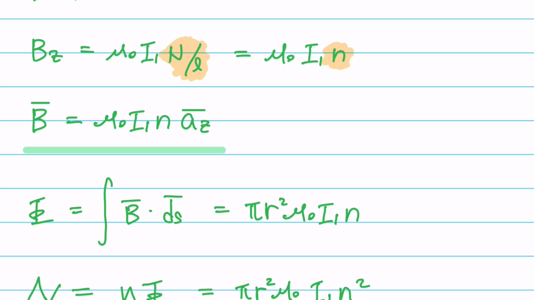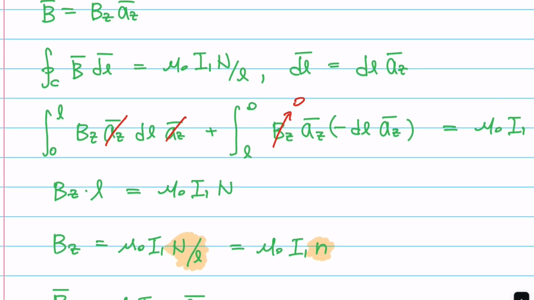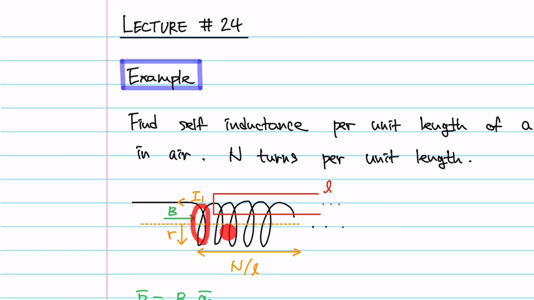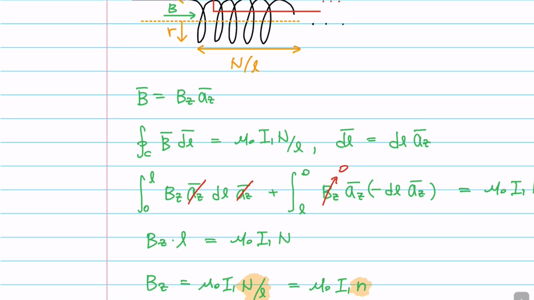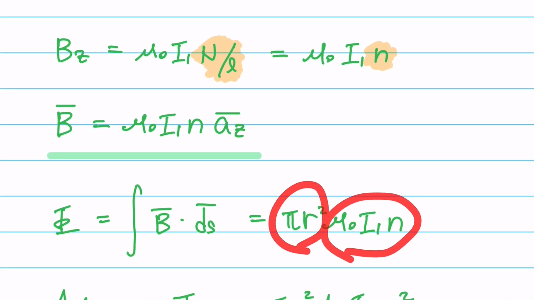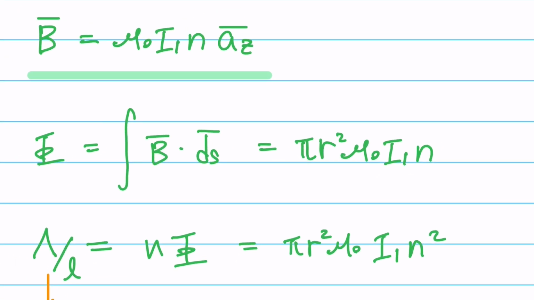If you do that, you will notice that the B field is over here, mu I1 n, that's the B field, but pi r squared is the surface area of this coil. The surface area of the circle is pi r squared, and that's where all the B field is. So the flux is pi r squared times the B field.